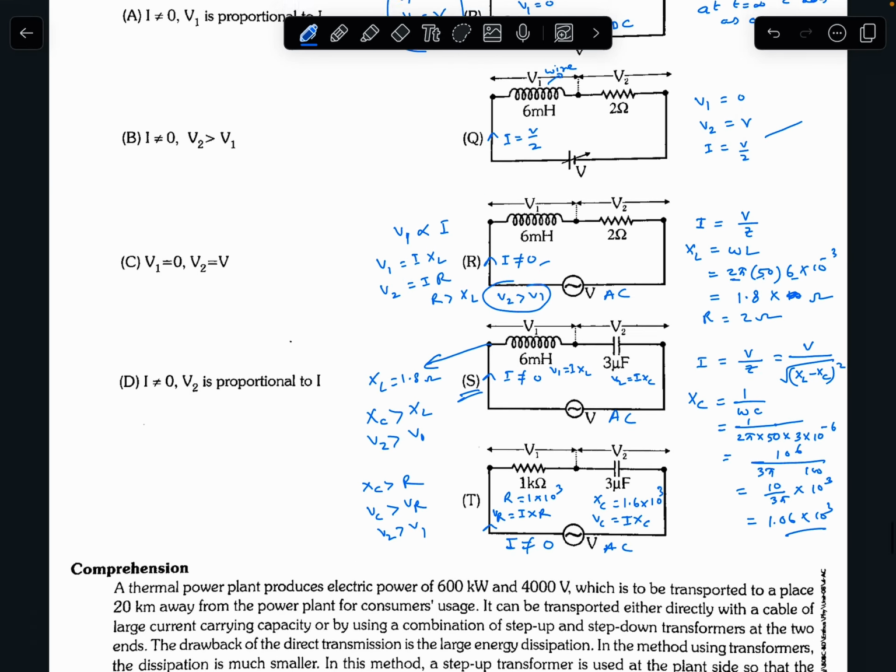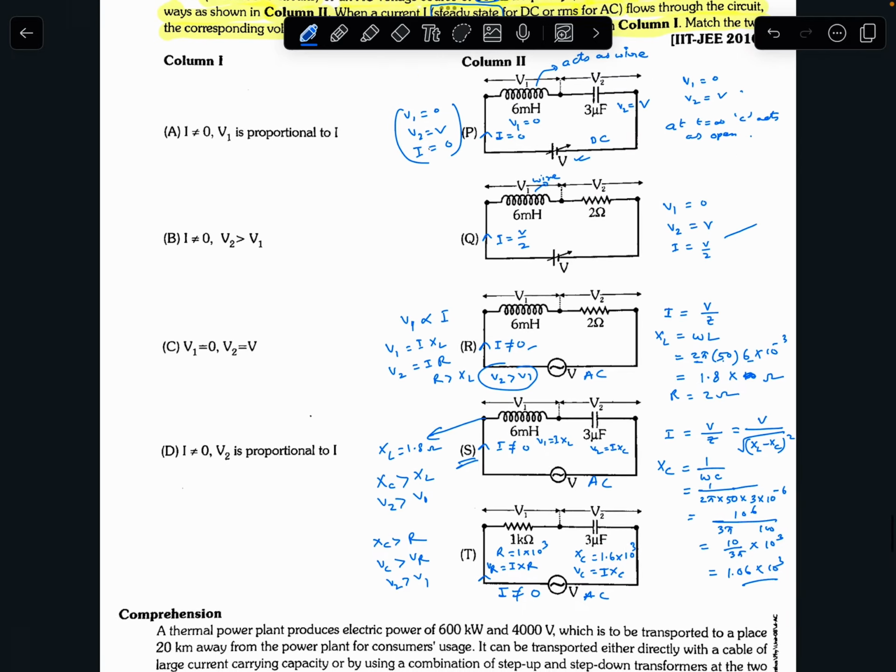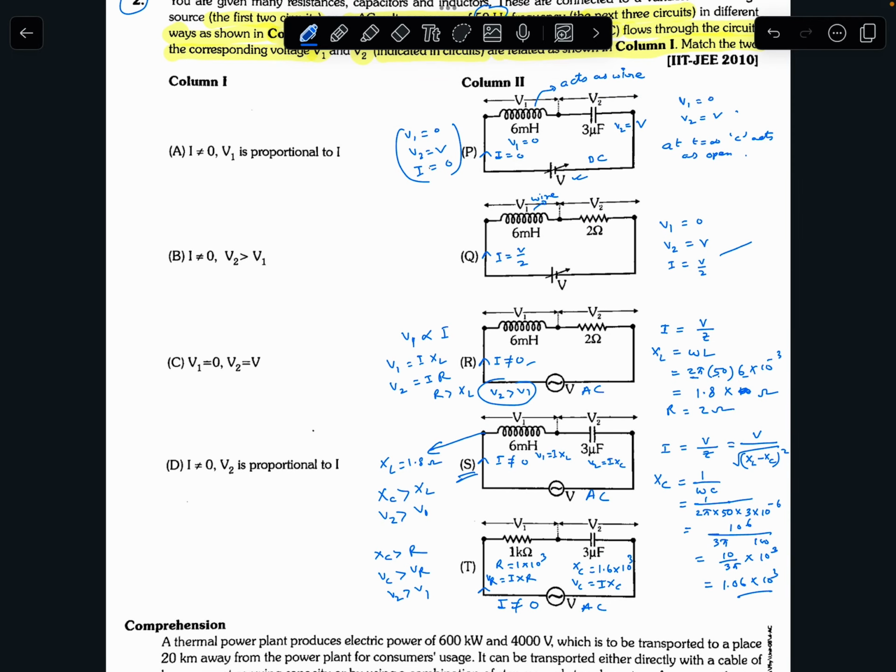Now I have analyzed all the circuits. Now try to match this. So first one, I not equal to 0, I not equal to 0, here also I not equal to 0. So RST, and V1 is proportional to I. Yes, everywhere V is proportional to I, because V1 is the voltage in the inductor and this resistance.